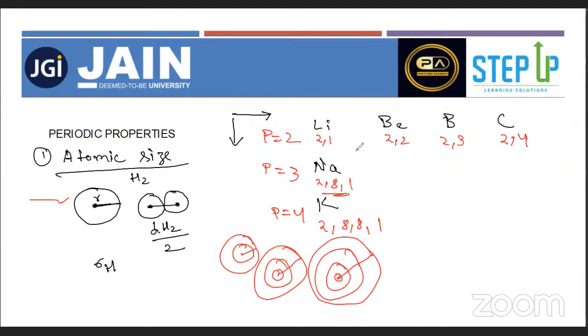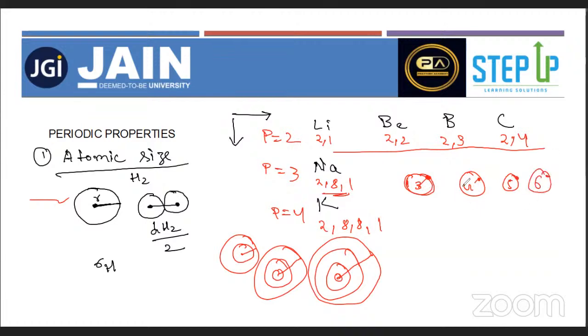Now, when I'm going from left to right, what is happening is the protons present in the nucleus. In the nucleus, I have a total of 3 protons. It has to pull 1 electron. Further I move, 4 protons, it has to pull 1 electron. 5 charge at the center, it has to pull 1 electron. 6, it has to pull 1 electron.